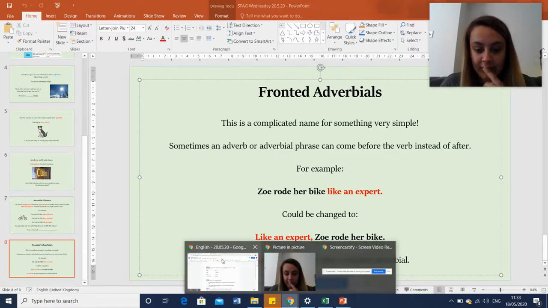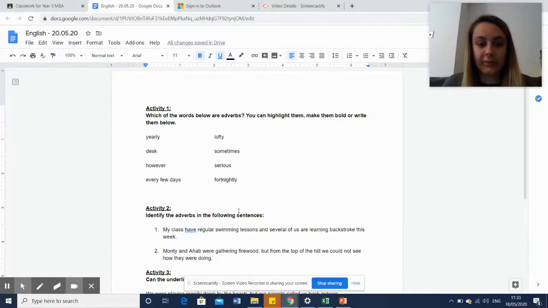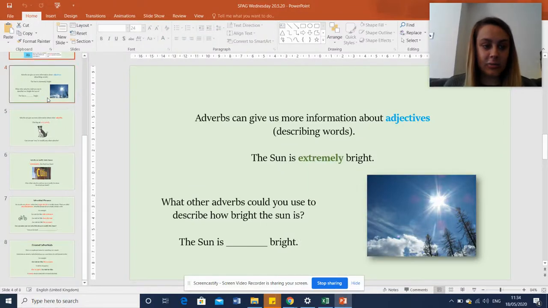So this is your task for today. So which of the words below are adverbs? You can highlight them, you can make them bold, you can write them down here below. It's up to you. So again, you might want to use this to help you.